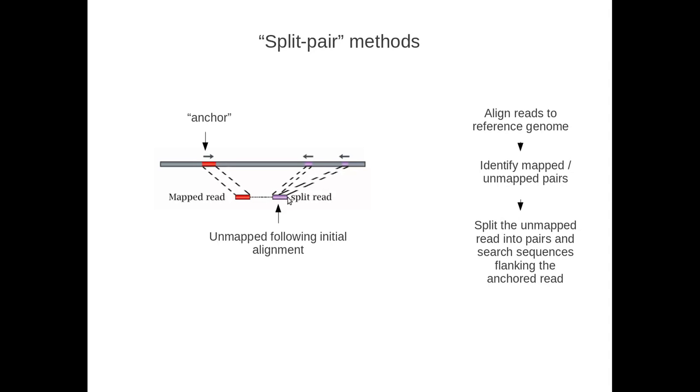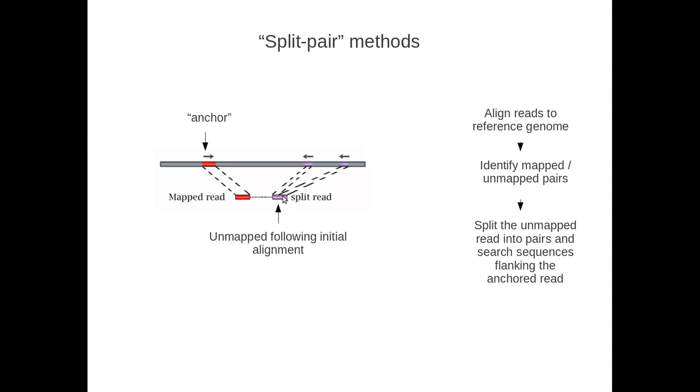You actually split the read up into many different combinations of two small pieces of DNA, and you BLAST them back against the region that may be up to 100 kilobases or more away from the anchored read in order to try to detect where the deletion may have occurred.